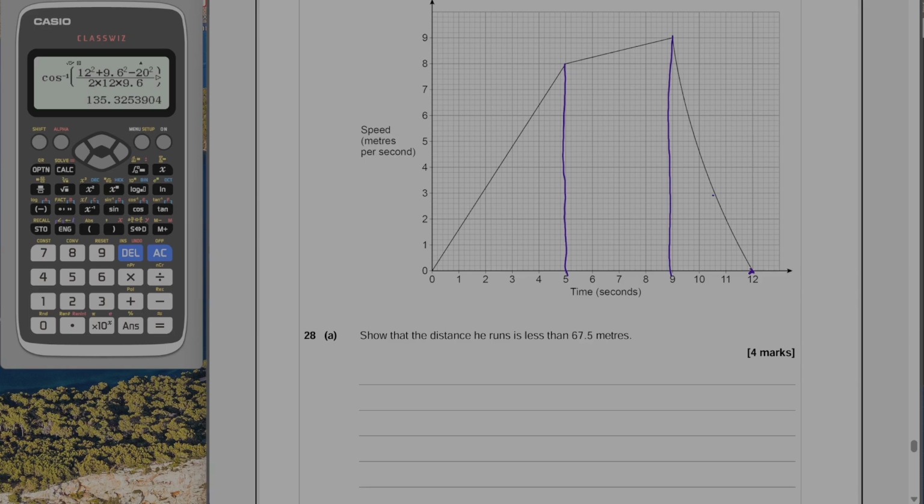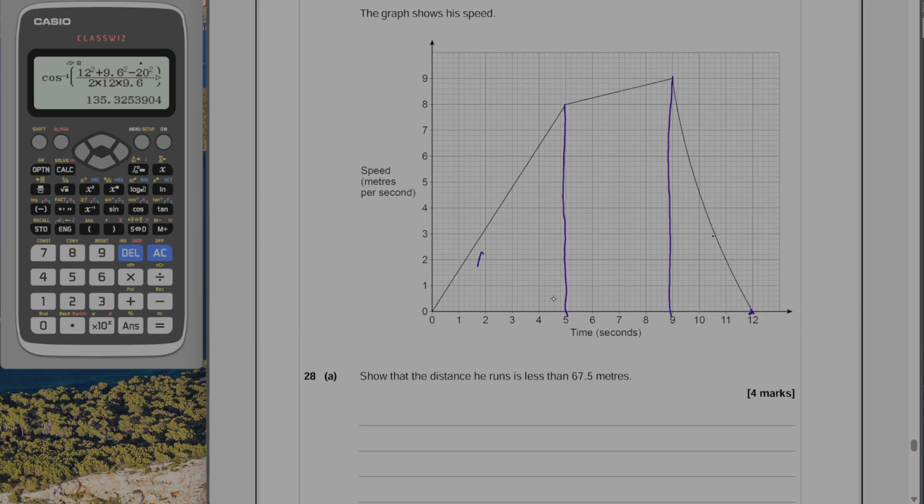Okay, so the area of this is going to be half of 5 times 8. So that's going to be 40, so that's going to be 20. The area of this one is going to be a half of 8 plus 9 times by 4.